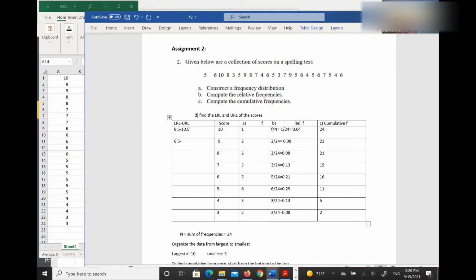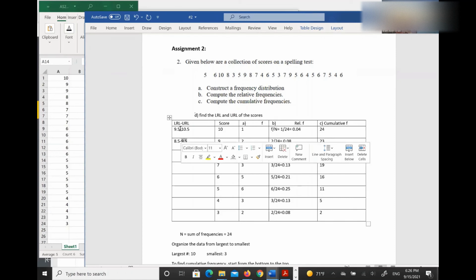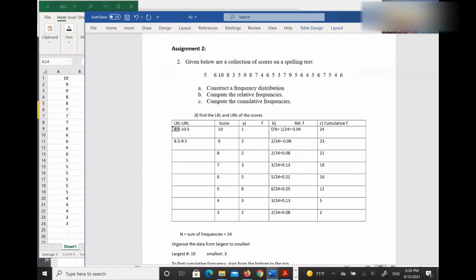And then the upper limit would be 9.5. Good. The reason that we do need the limits is because later when you construct a histogram, the graph, you can see that the upper limit of this class is the same as the lower limit of the previous one. That means that the two columns will share the same side. So that's why they have the same limits here.